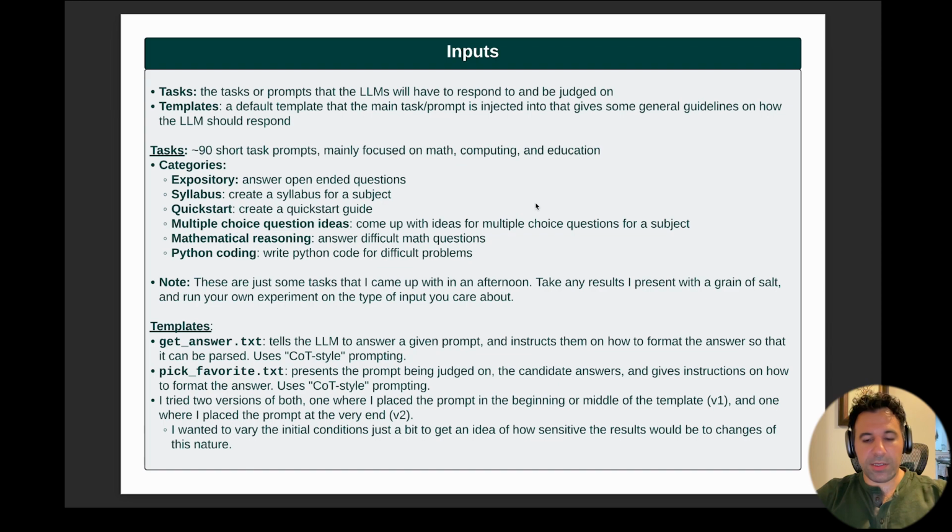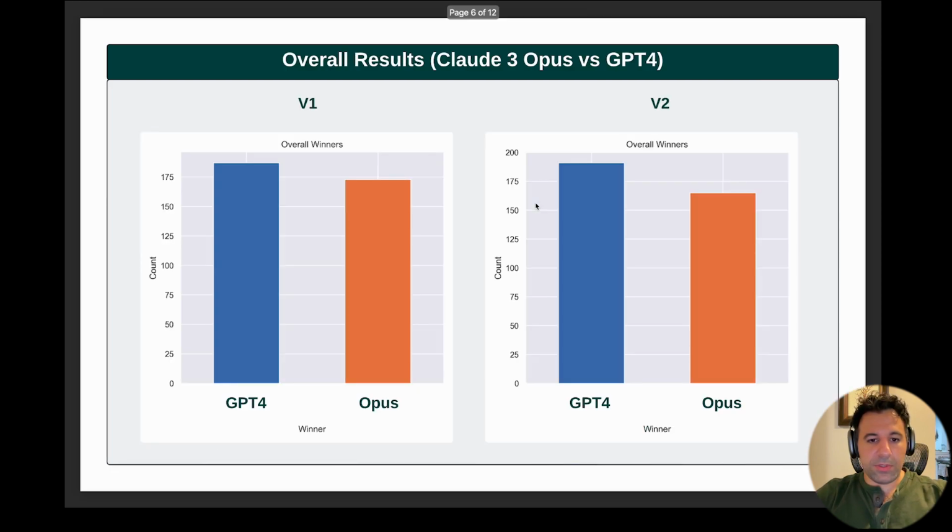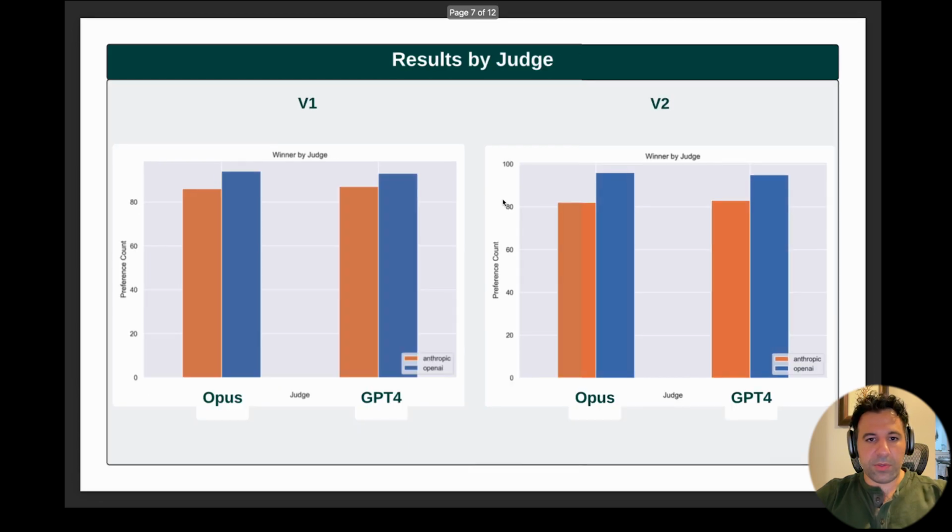All right, let's take a look at the results. We see for both versions of the prompt template, GPT4 takes it, but not by a huge margin. This is similar to what we see on the chatbot leaderboard. I mean, there's no direct comparison, but we see GPT4 ahead of Claude3 Opus.